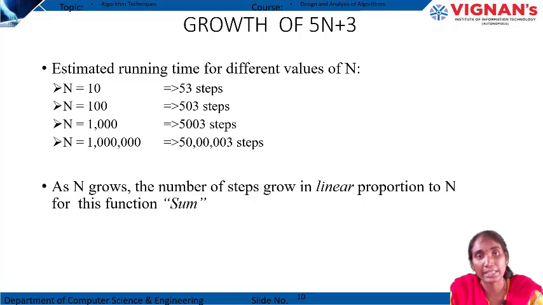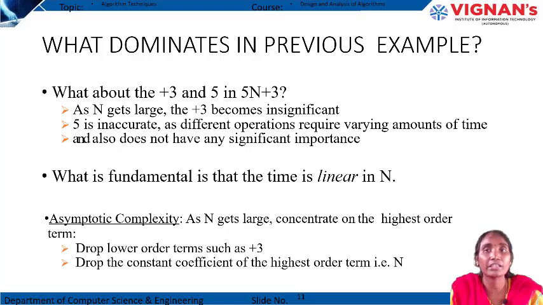So now what dominates in the previous example? Here 5n plus 3. Here I have two numbers, 3 and 5. As n gets large, the plus 3 is insignificant, a minute value, and the 5 is inaccurate, as different operations require varying amounts of time, so I can even ignore the 5.